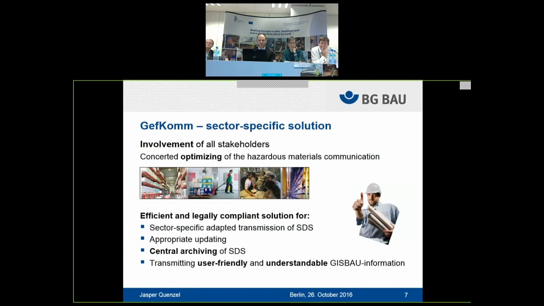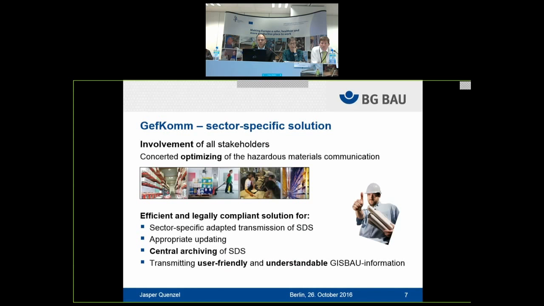It's a project which involved all the stakeholders in the whole supply chain, and its main aim was to develop a pool for the sector where you can find all the safety data sheets for all the products that are used in the construction industry.